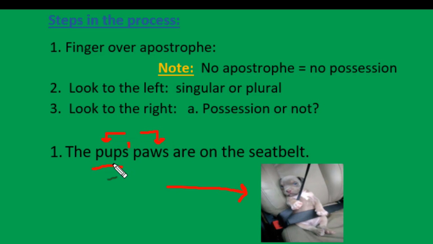Do we have plural pups owning plural paws that are on the seatbelt? When you look over here, there's one pup. That's wrong. We would simply place the apostrophe to make it seem like there's one puppy here. Remember, possession, look to the left, it's singular.